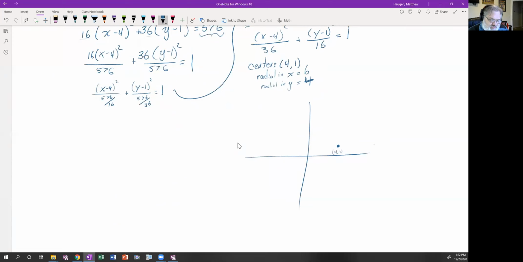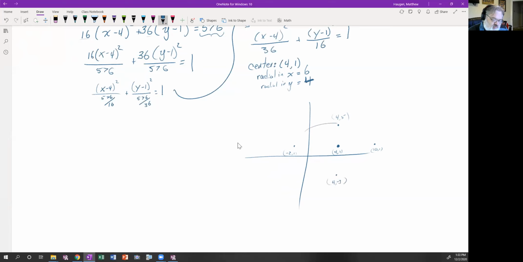So we'd be going out 6 to 10, 1, back 6 to negative 2, 1, and then up 4 to 4, 5, and down 4 to 4, negative 3.